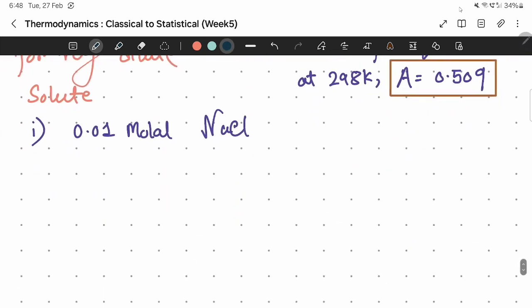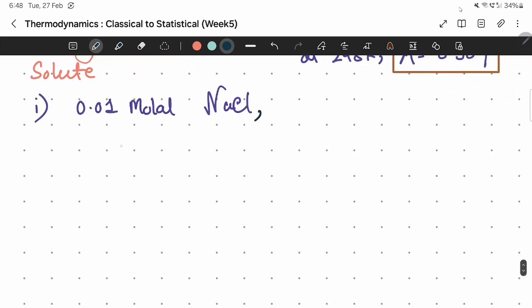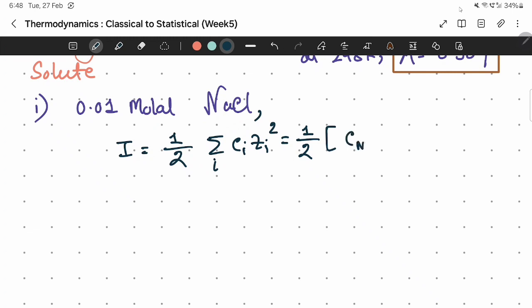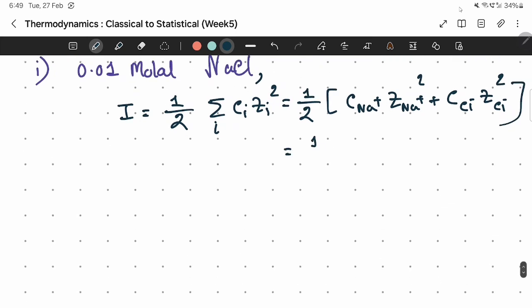Now it's easy, everything is known. You just have to find out I. That will be the sum over i of C i z i square, which is half of C of Na plus Z of Na plus square plus C of Cl minus Z of Cl minus square. What is C of Na plus?